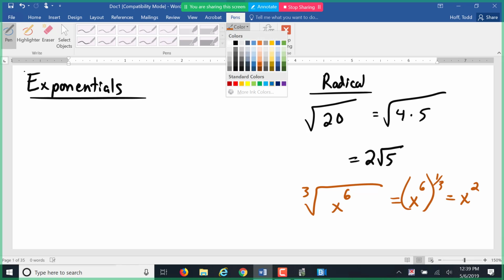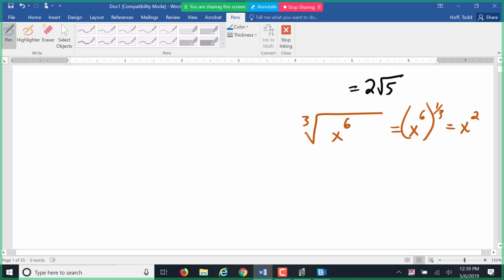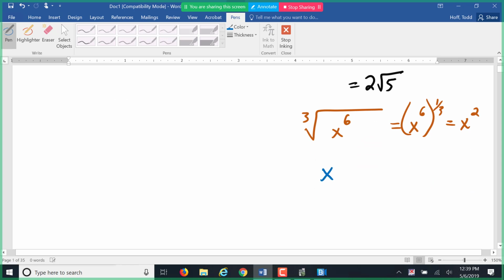And we even dealt with exponents that were fractions. X to the power of 3/5. That's the 5th root of x to the 3rd, or the 5th root of x, all to the 3rd power. We could rearrange things and break them down like that.